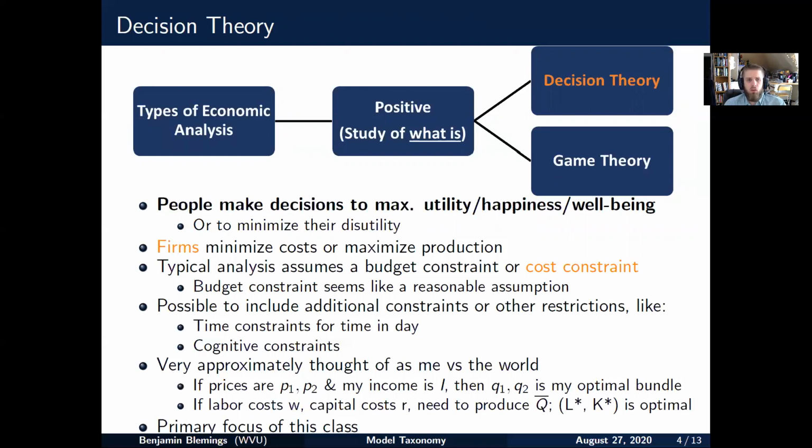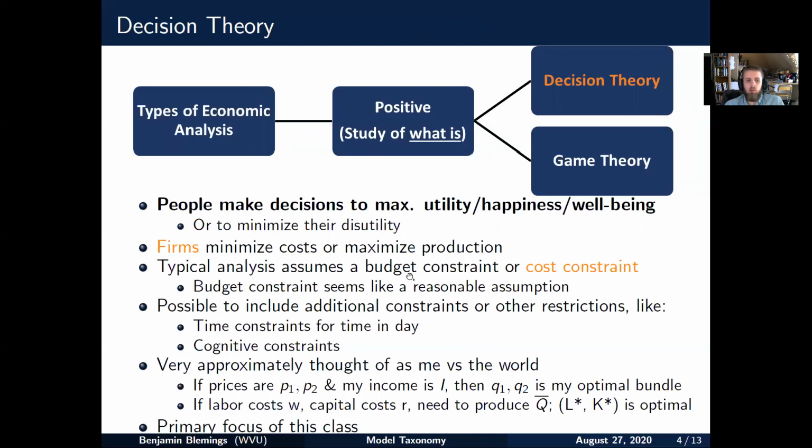A typical analysis assumes a budget constraint or a cost constraint for a firm. People are probably constrained by budget constraints, so it seems pretty reasonable. You can include additional constraints like time in a day, or behavioral economics could include a cognitive constraint where you have limited capacity to choose between things that are good and bad for you.